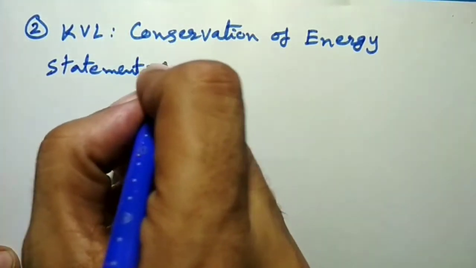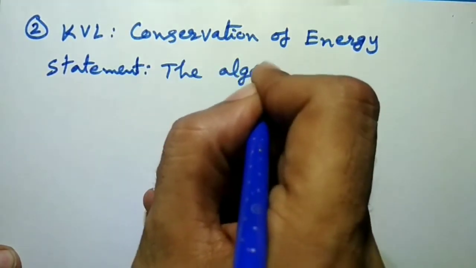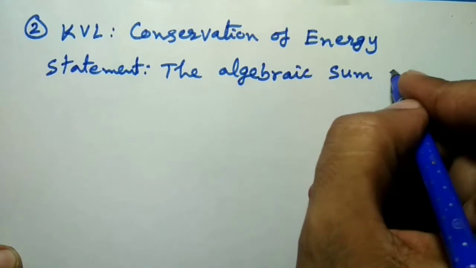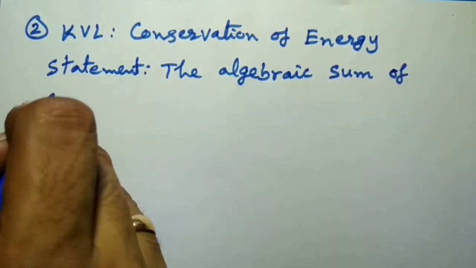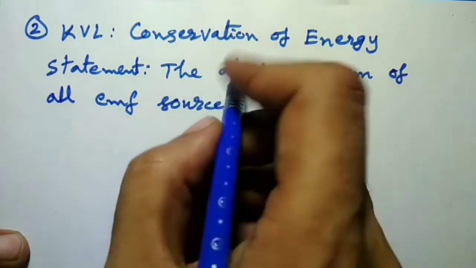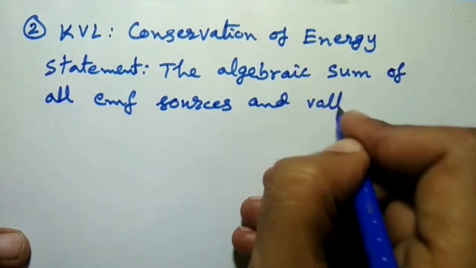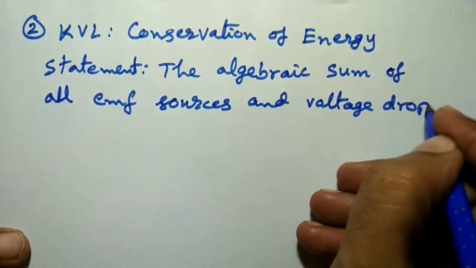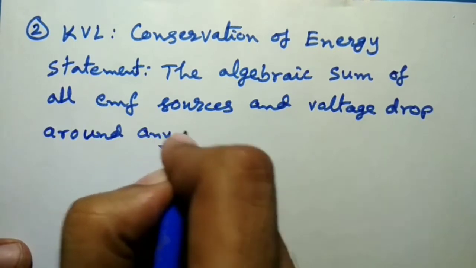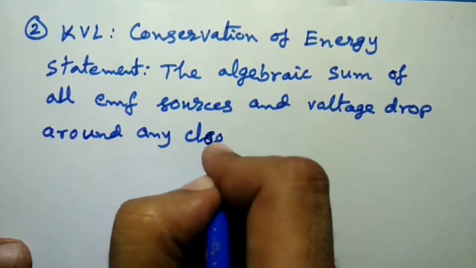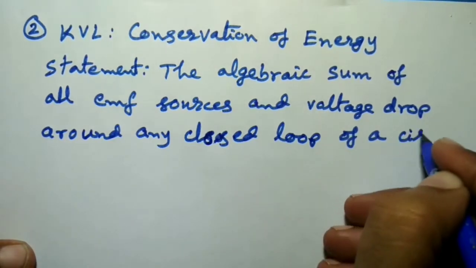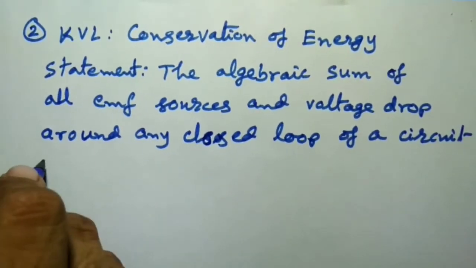is that the algebraic summation of all currents, all EMF sources and voltage drop around any closed loop of a circuit is equal to 0.